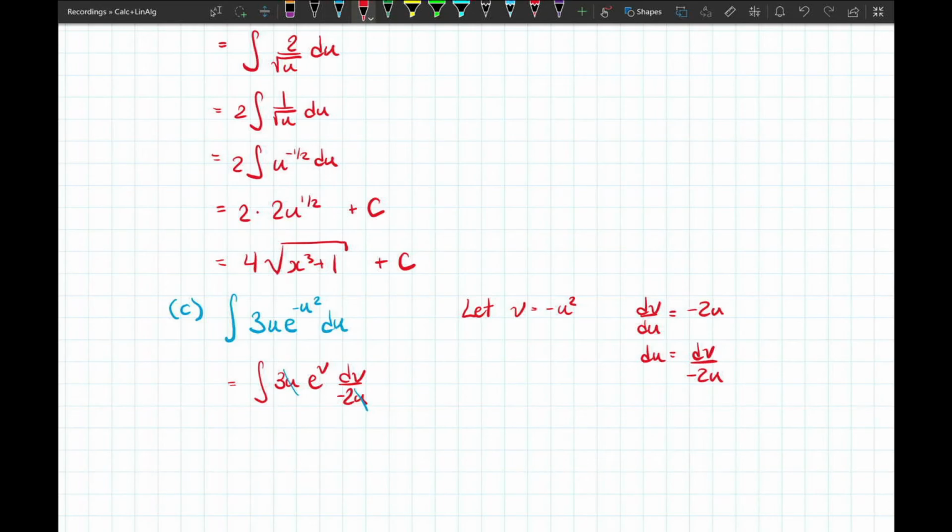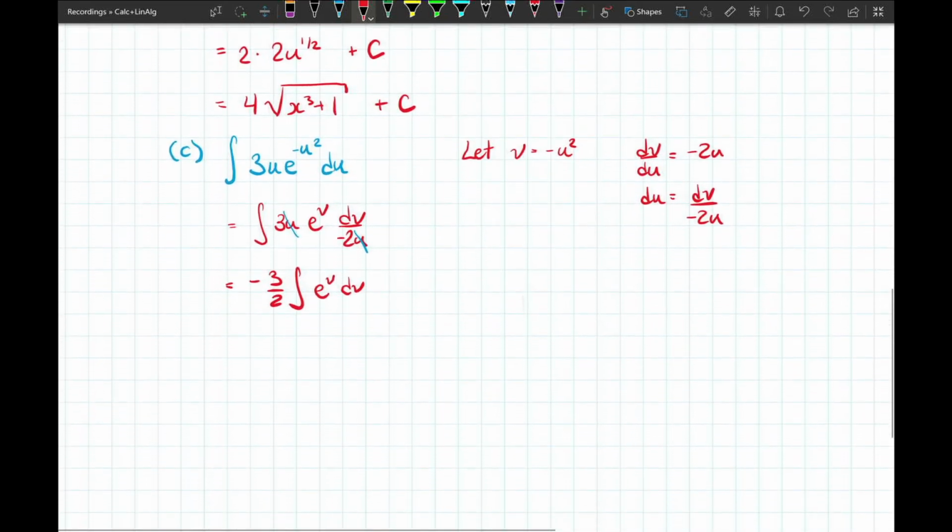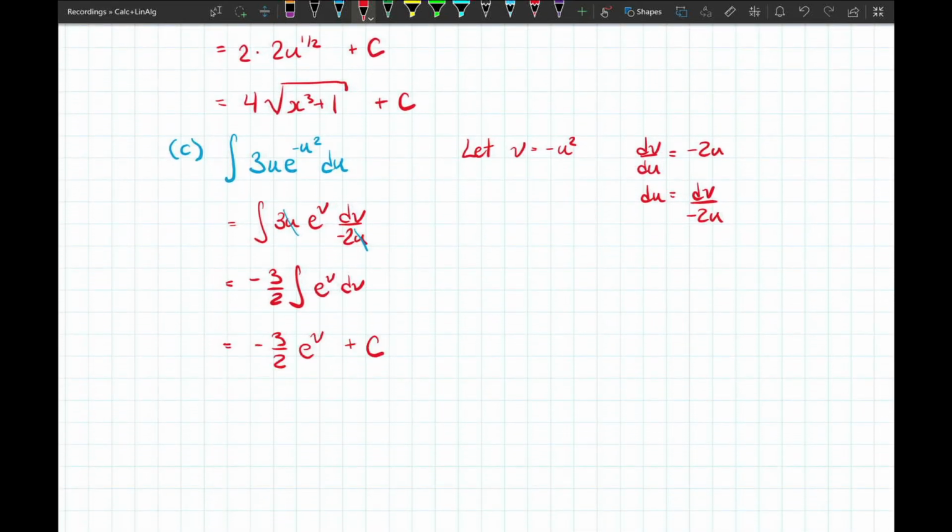Now this 3 over negative 2 doesn't simplify, but it can be moved out front: negative 3 halves times the integral of e to the v dv, which is always one of our favorites. And there's our antiderivative of e to the v. And finally, we replace our v with negative u squared. And so we end up in the final variable as the same variable that we started with.